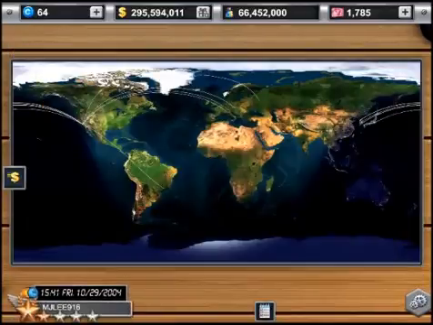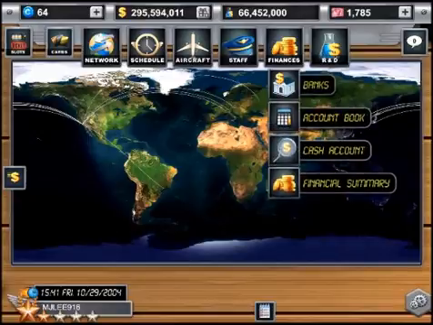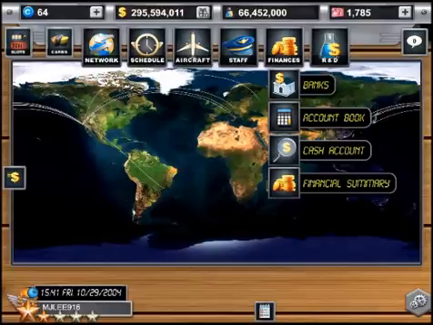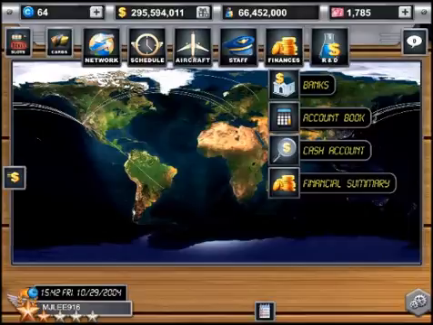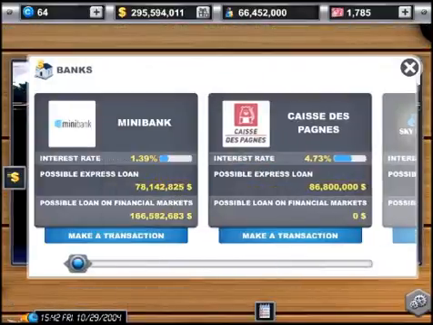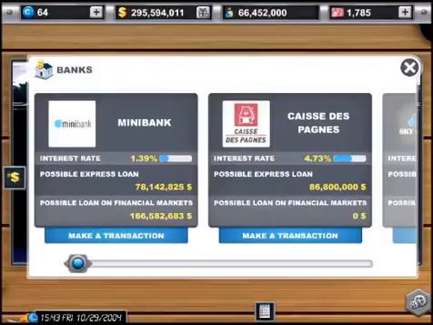So I'm going to close this dialog and go to finances. Looks like I need about $108 million to have enough money to buy the A380. That's fine. We'll just go visit the bank. I've been borrowing some money from the bank, so I don't have a ton of capacity, but I have enough over here at the mini bank. So let's go to mini bank.